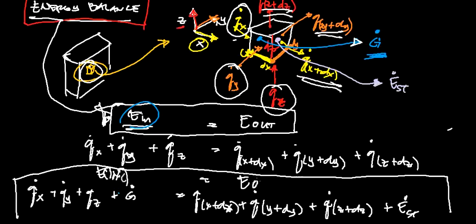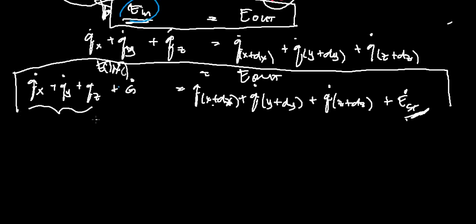The heat going in, plus the heat generated, G dot, is equal to the heat leaving plus the energy stored in this element or medium.